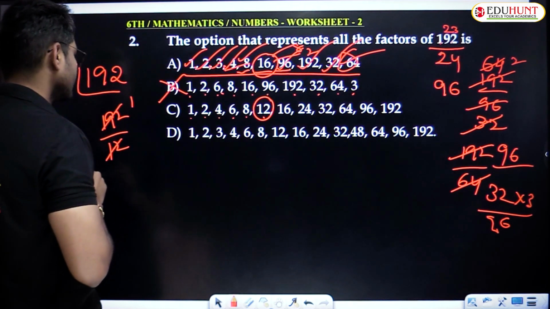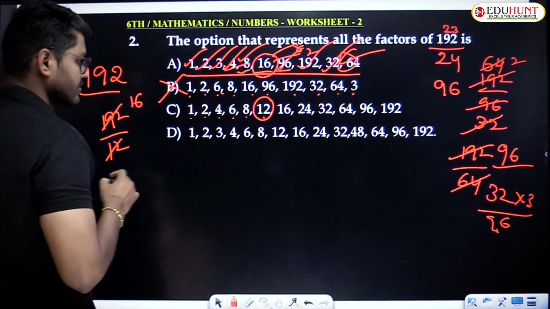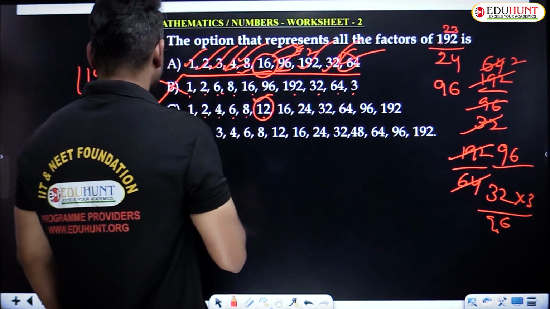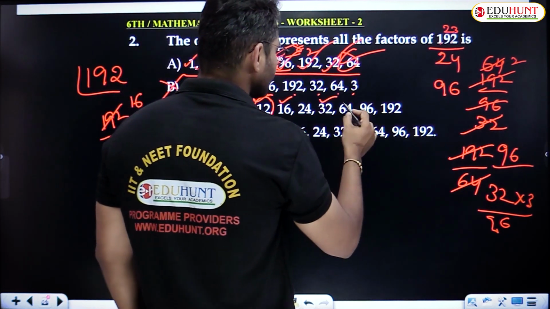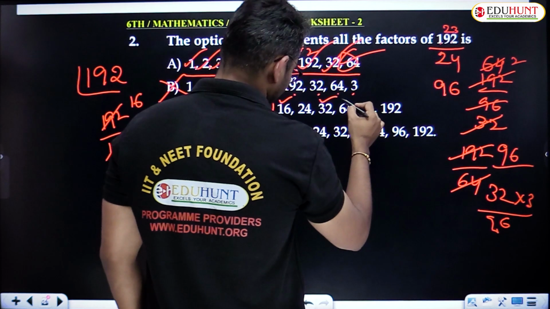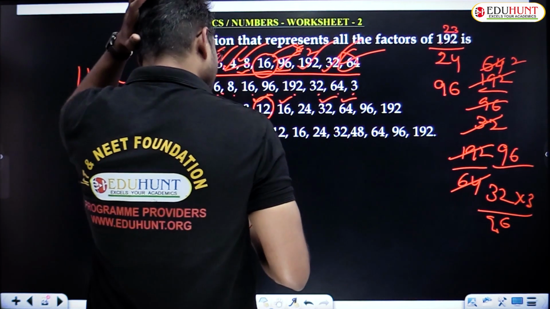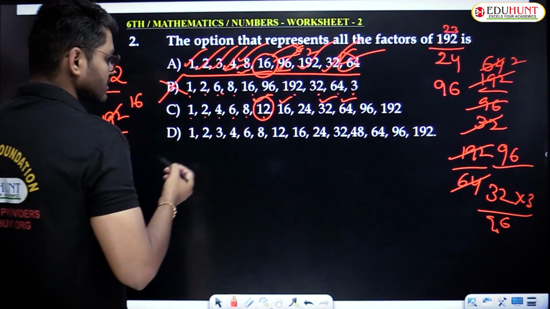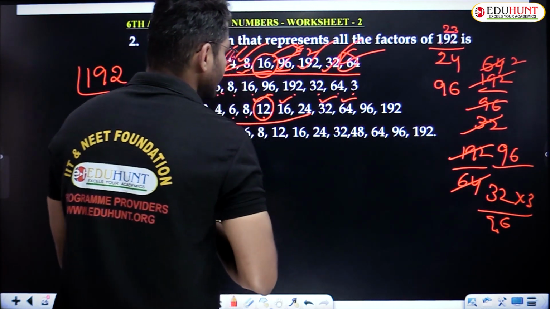Okay, how much remainder? 72. Yes. So 12 is possible. 12 16s are 192. Therefore 16 is possible. 16 2s 32, 32 2s 64 possible. And 24. Let's check 24. 12 2s 24. Therefore 24 is also possible.